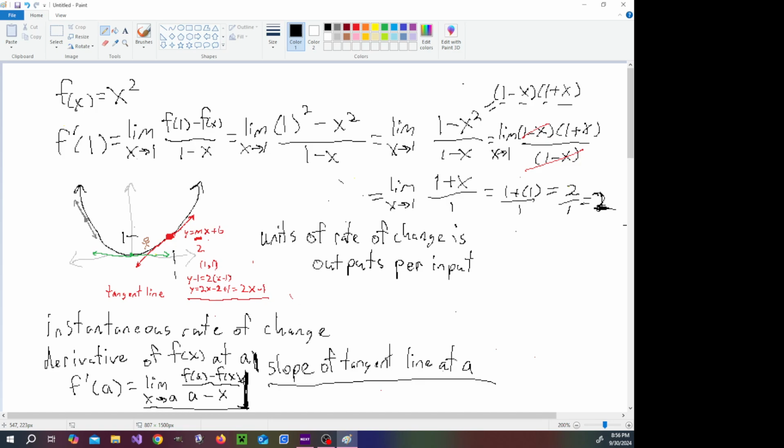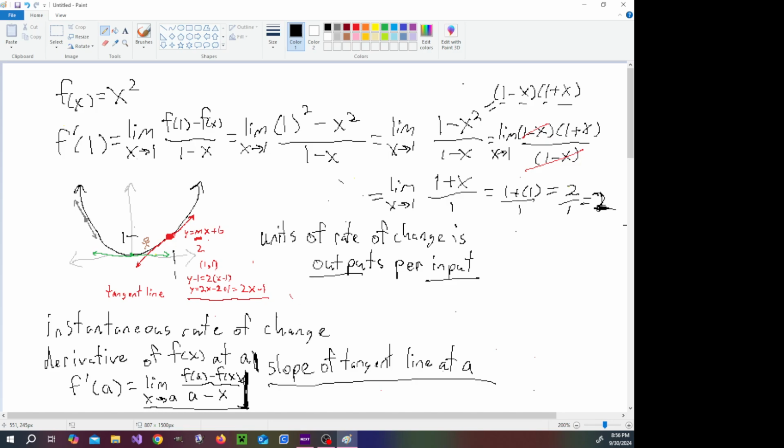Think of a factory that makes bicycles, so many bicycles in a given day. Then the rate of change of the production of bicycles would be in bicycles per day. Outputs per input. Always filling in the blank like that. Okay, so that's the basic idea of where our derivative is and what it comes from.